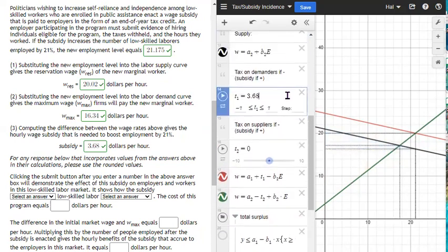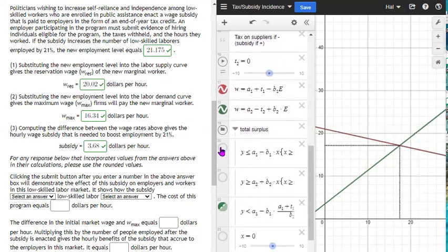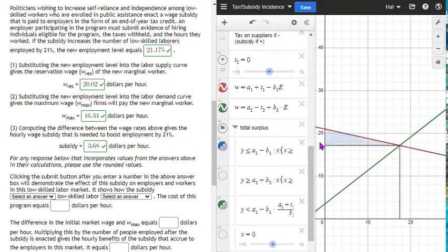Initially, when this was 0, the firm surplus is the area under their labor demand curve, right? Between the labor demand curve and this market wage, right? Whereas the worker surplus is this pink triangle, right?